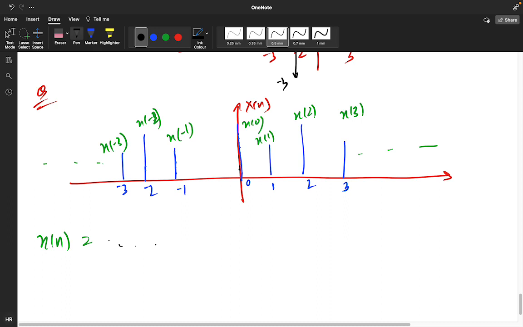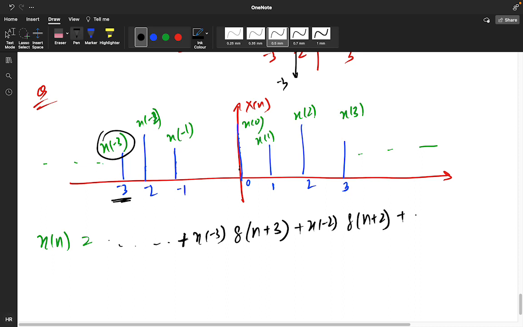So some value is coming like this, plus, so this is your weighted value. x of minus 3 is happening at what position? Delta n plus 3, yeah, plus x of minus 2 value at delta n plus 2, plus x of minus 1 value at delta n plus 1, plus x of 0 at delta n, plus x of 1 at delta n minus 1.